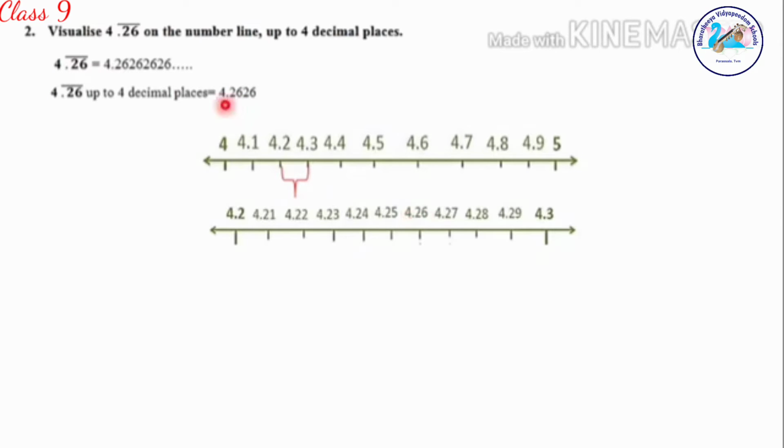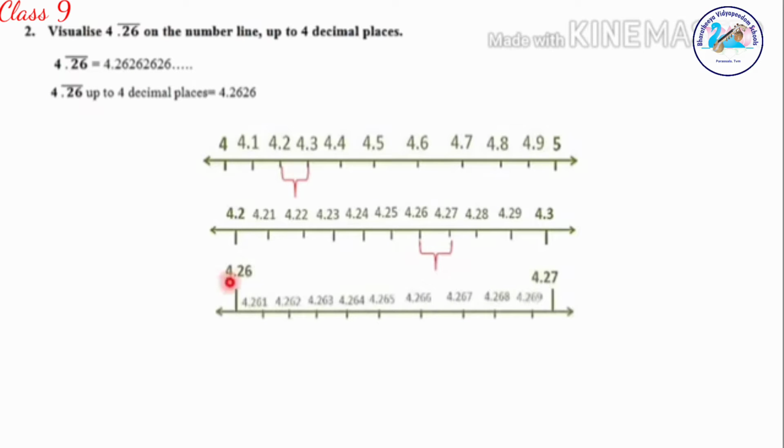So our number 4.2626 must be in between 4.26 and 4.27. So in the next line we have to represent 4.26 and 4.27 at the beginning and end. 4.26 we have marked at the beginning, and 4.27 we have marked at the last.